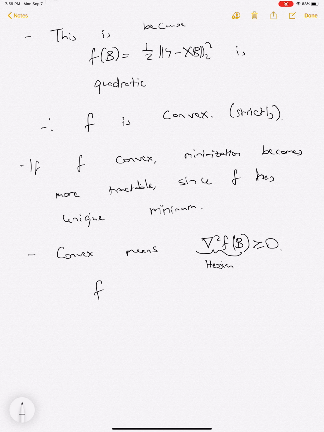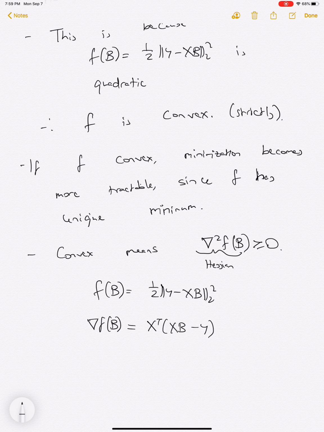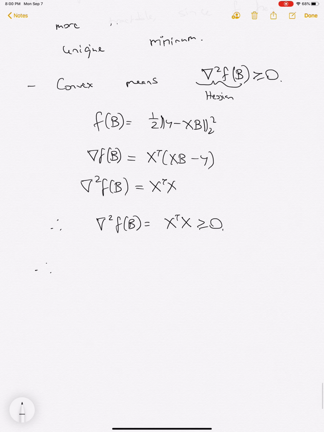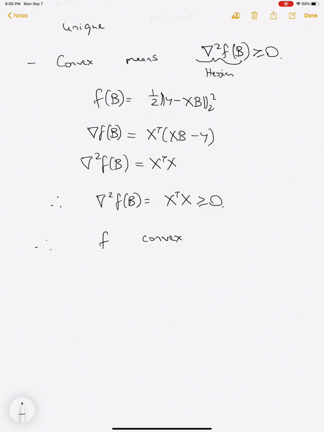Remember that, if we imagine taking the next derivative, we get that this Hessian matrix is X transpose X. And clearly, because we have a quadratic, we have that f is convex.